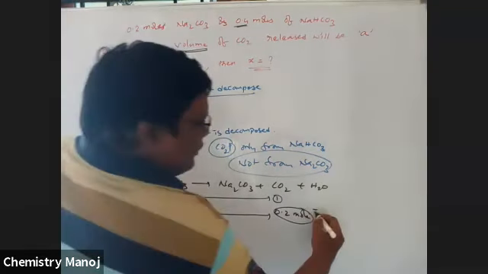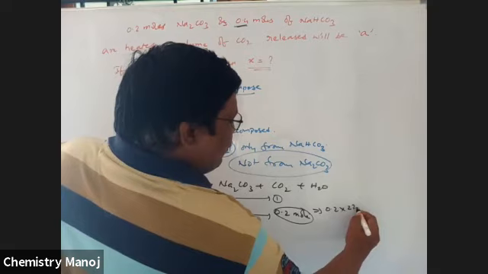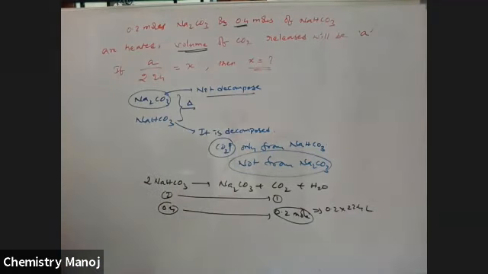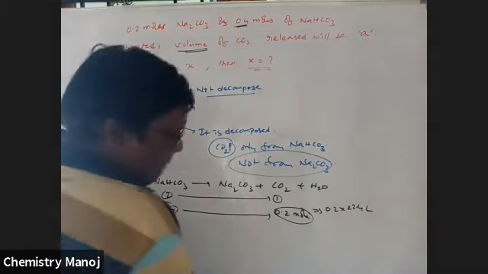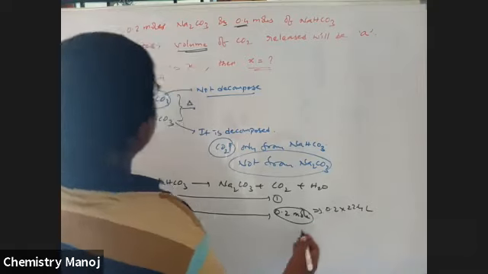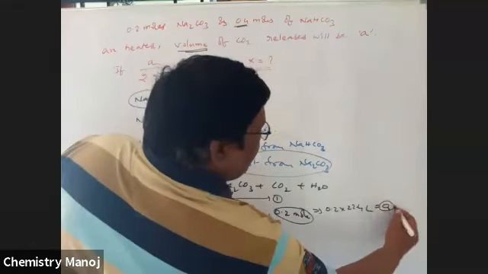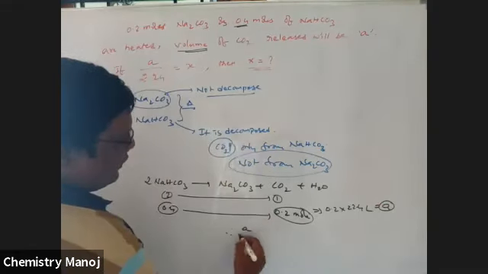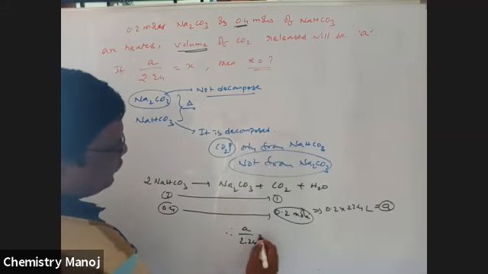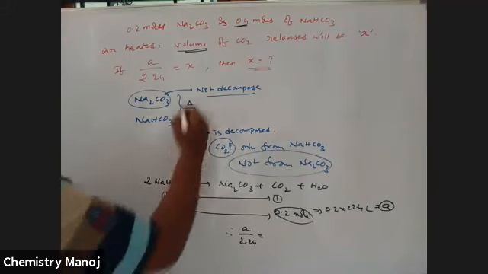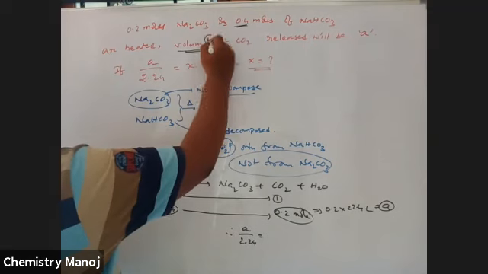Volume is 0.2 into 22.4 liters. This is A. Therefore, A by 2.24, here volume in liters is better.